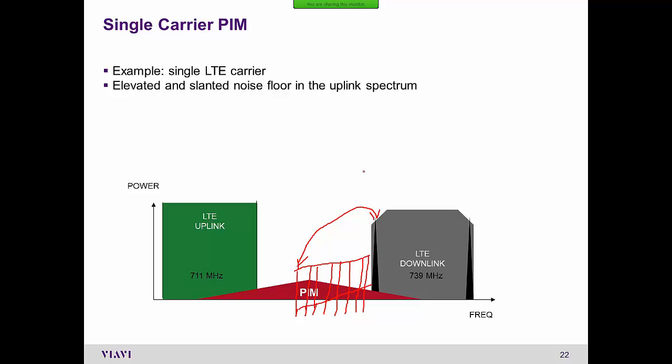These two signals, the original resource block, right here, and this new PIM artifact, can mix and they'll show up down in your receive. So for most LTE systems, it's the higher order intermods that impact the receive.